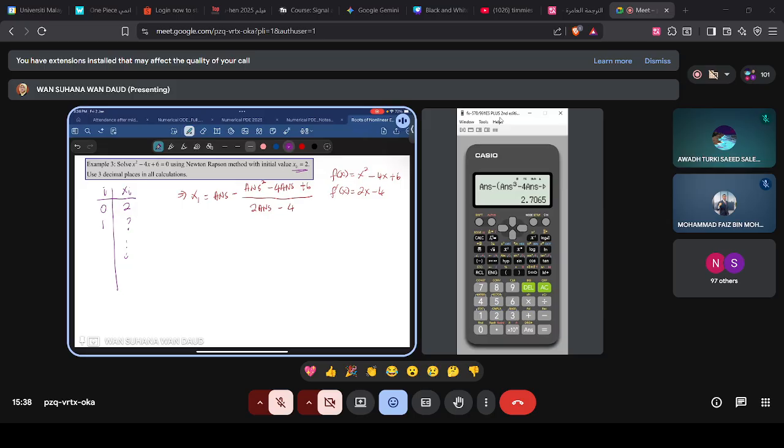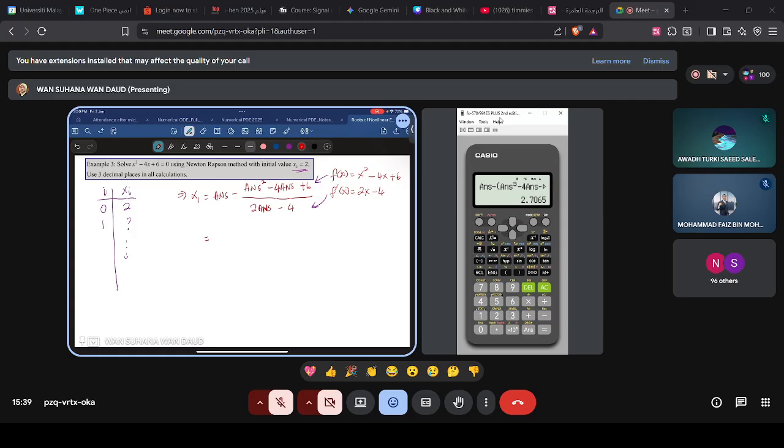So this will be here and this will be the denominator. Now put it in your calculator to get the next value x1. I want to hear from you. What is the value that you obtain?